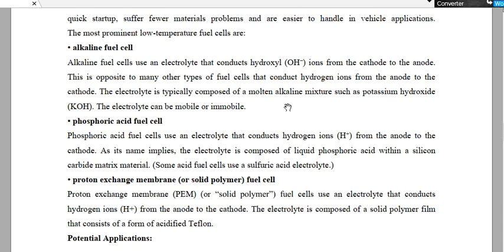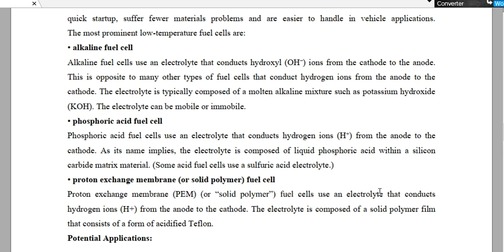The next type is the phosphoric acid fuel cell. In these, the electrolyte conducts hydrogen ions from the anode to the cathode. According to its name, the electrolyte is composed of liquid phosphoric acid within a silicon carbide matrix material. Some acid fuel cells use a sulfuric acid electrolyte.